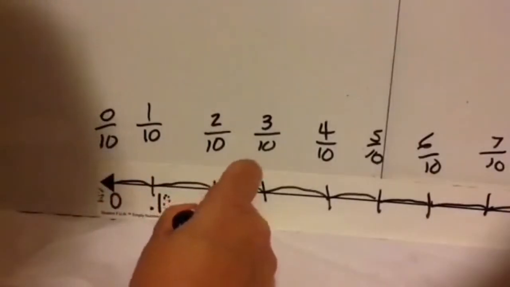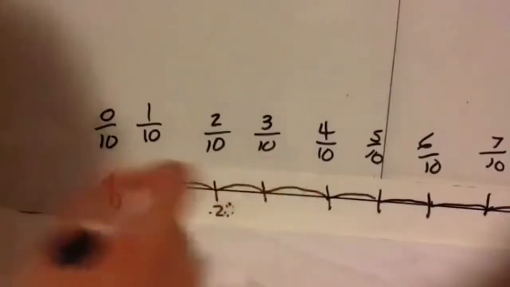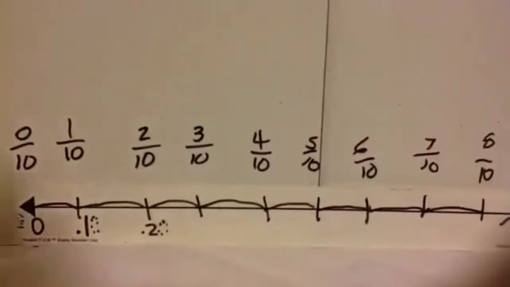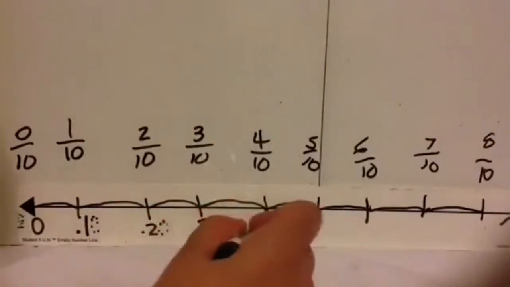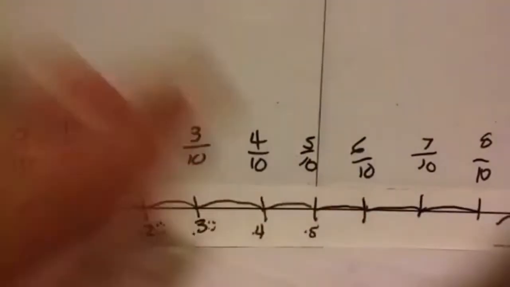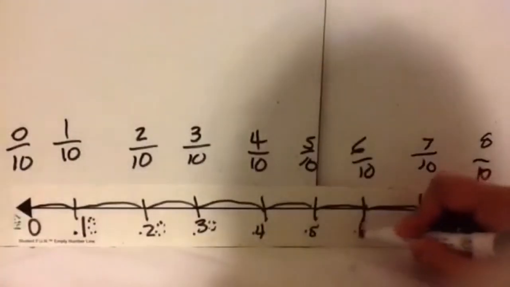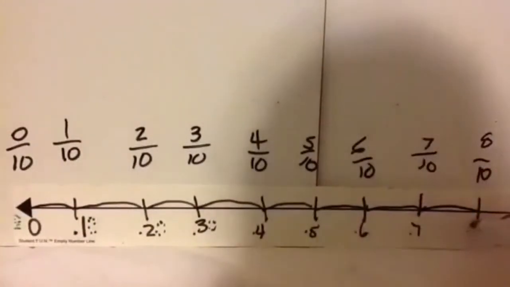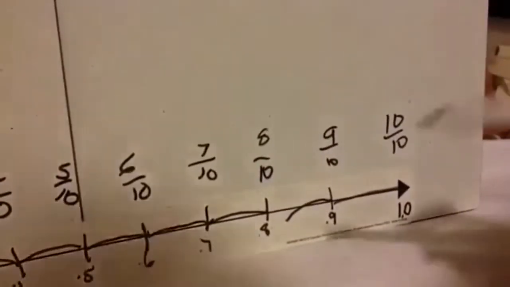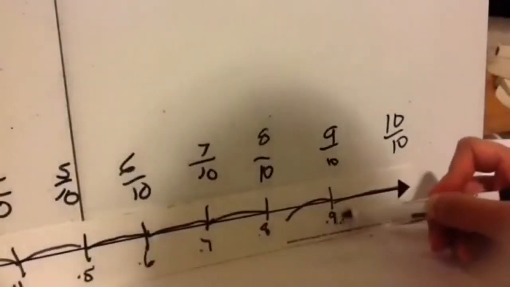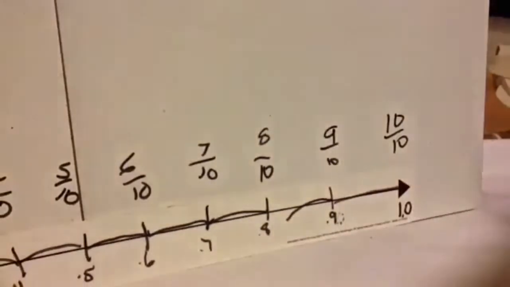This would be 0.2, which you could think of as 20 cents, then 0.3, 0.4, 0.5, 0.6, 0.7, 0.8, 0.9. Now you don't have 10/10, you have $1, because if you have 90 cents and add 10 more cents, you've reached $1.